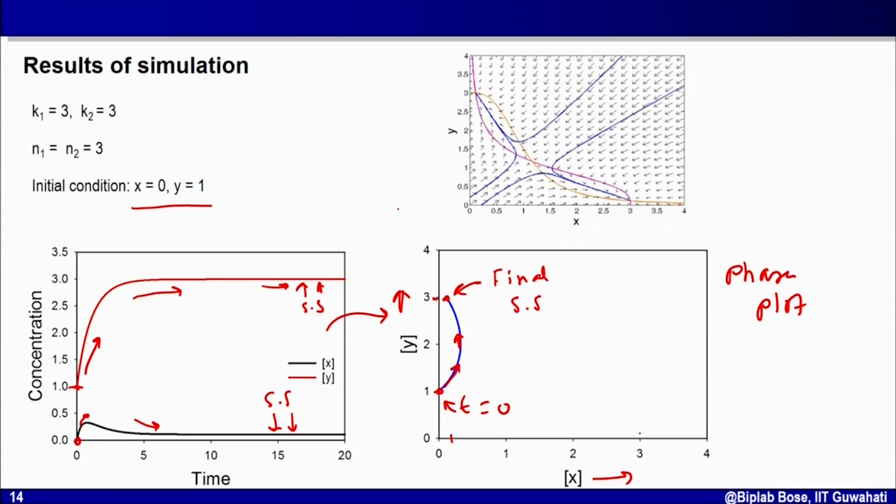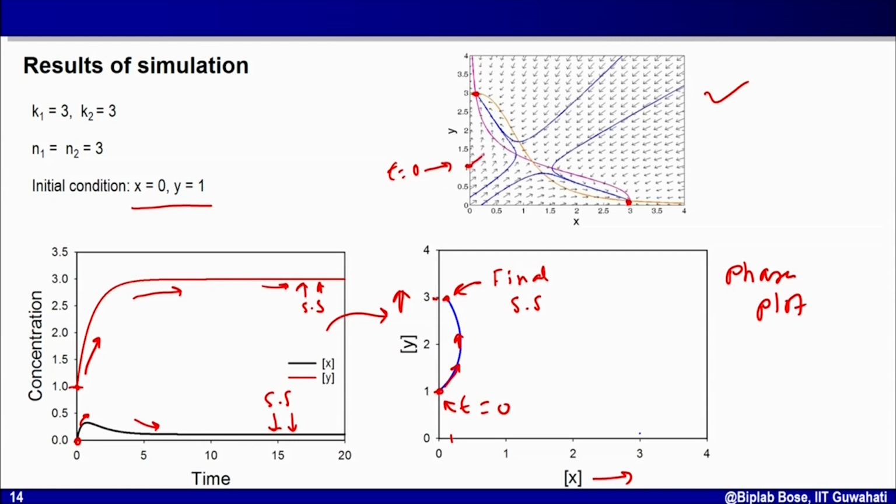If I look at the phase plot that we drew a few slides before, this is my steady state here, and this is another stable steady state here. Now I am starting from this position, y equal to 1, x equal to 0, that is my t equal to 0 position.